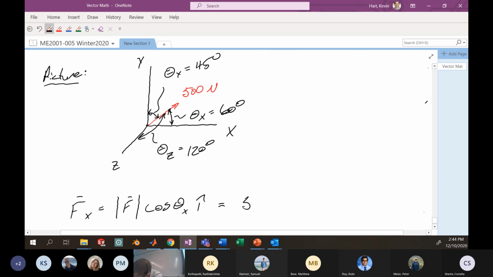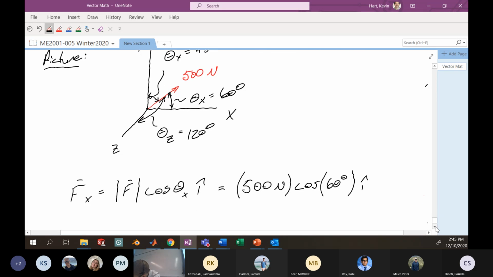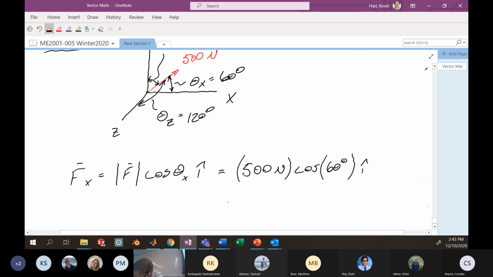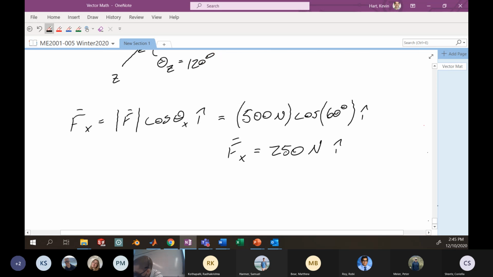This will be 500 newtons, the magnitude of that force, times the cosine of the angle between the x-axis and my force, which I'm given here as 60 degrees, in the i hat. And we'll find my force in the x here is 250 newtons i hat.